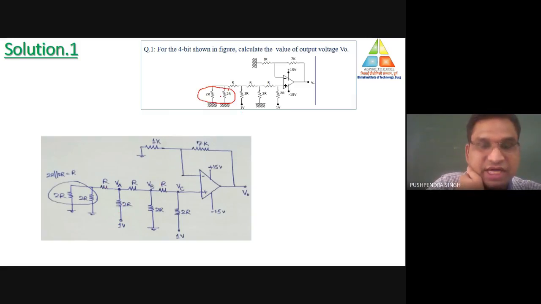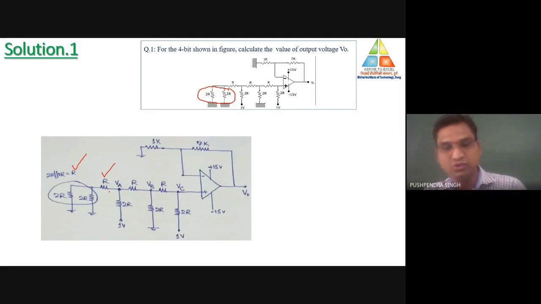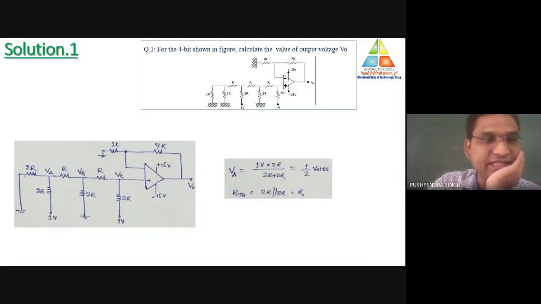These two are in parallel, 2R parallel to 2R, so equivalent resistance will be R. Now this R and this R will be connected in series, so R and R will be equivalent to 2R. So here you can see that this is the second circuit. This 2R and R, that is connected to 2R with the help of ground. Now this terminal is VA.